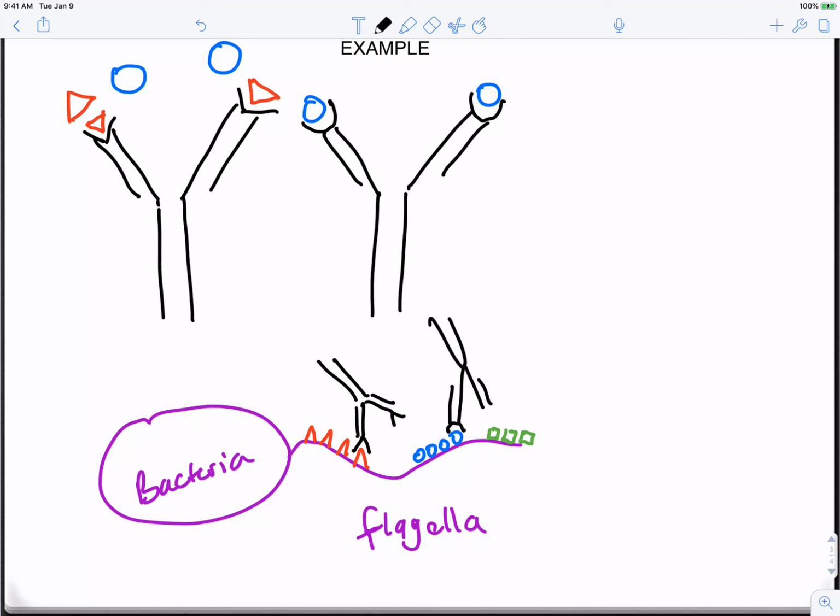And that's how it is for all of them. And then you'll have another one that would bind the square. And that one will be specific for a square. So even though you have multiple antibodies binding to this bacteria, they're all binding to different antigen sites on the bacteria because they're very specific. A triangle binding antibody will never bind the circle portion, and a square can't bind a triangle, etc. So that's basically how antigens and antibodies work.